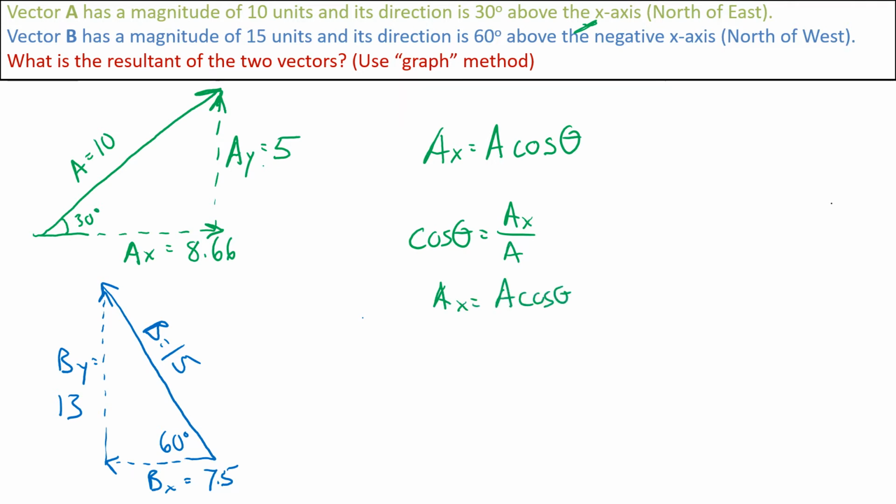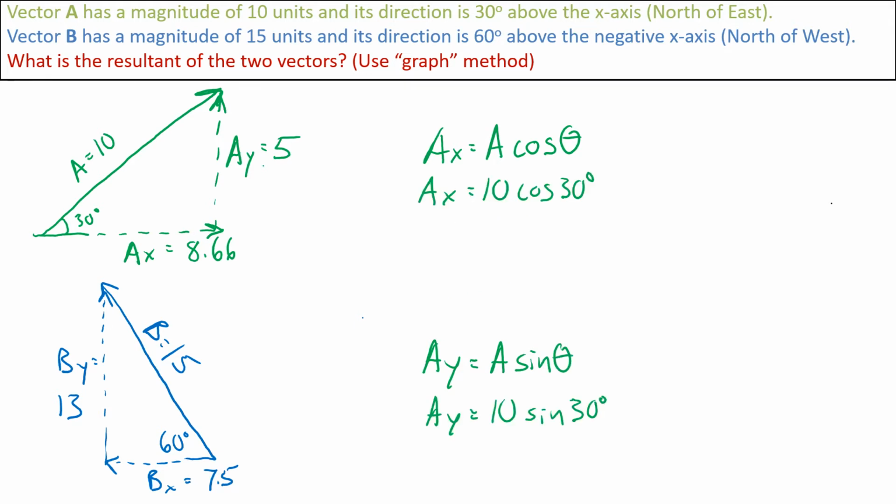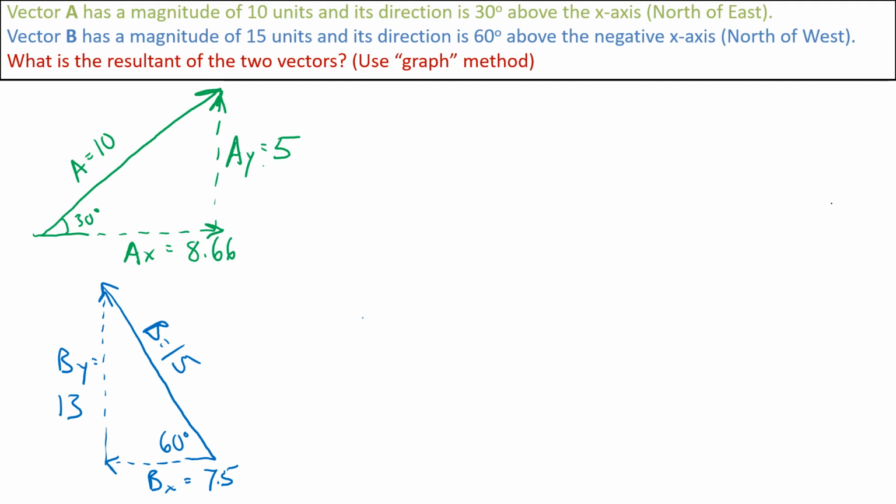And you could do the same thing for sine: Ay is equal to A sine theta. So I do those super quick in my calculator. You can just do 10 cosine 30, 10 sine 30. So now we have some work to do.